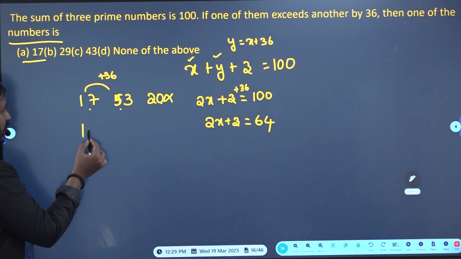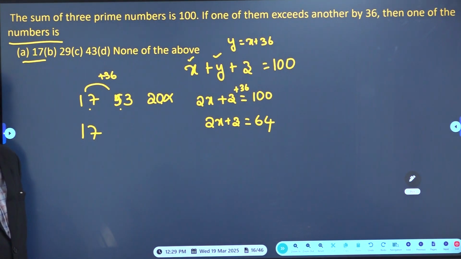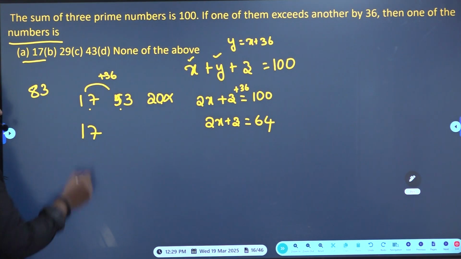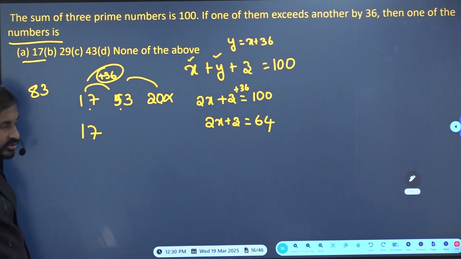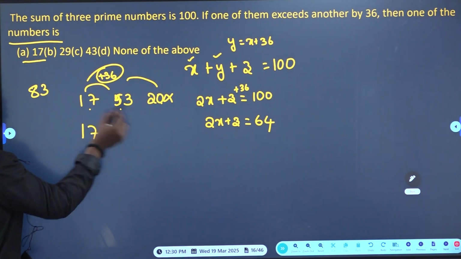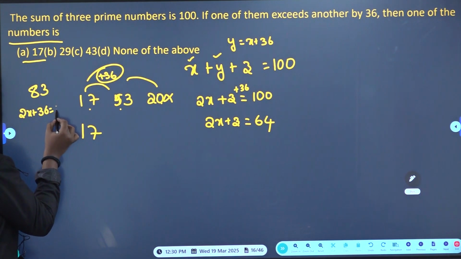If I take one number as 17, the sum of the other two numbers becomes 83. One number exceeds the other by 36, right? Assume that the relation between those two numbers is that 36 relation. That means 2x plus 36 is equal to 83.